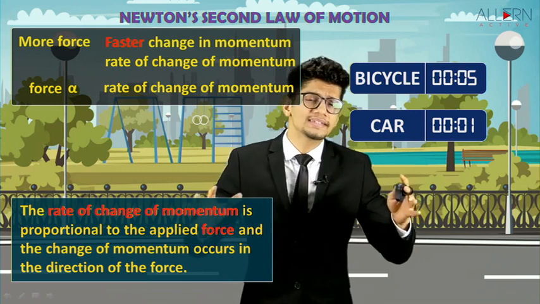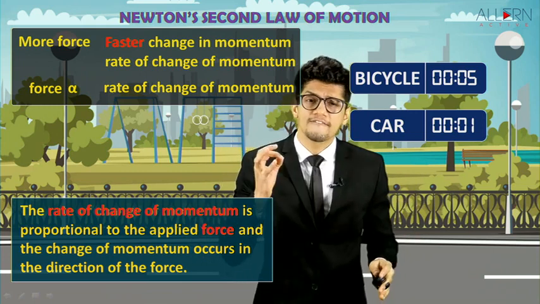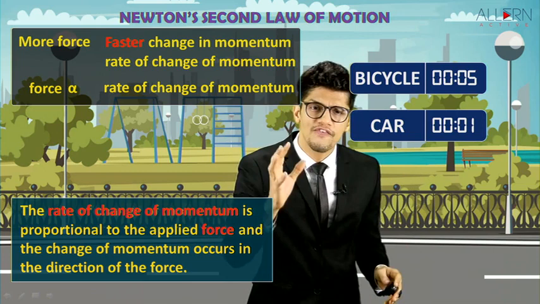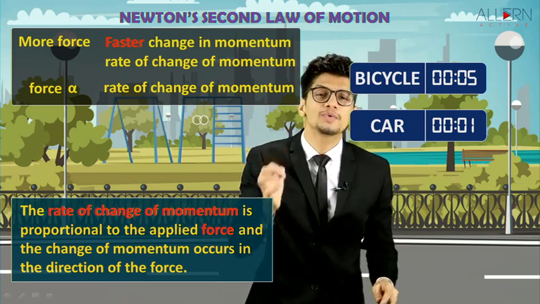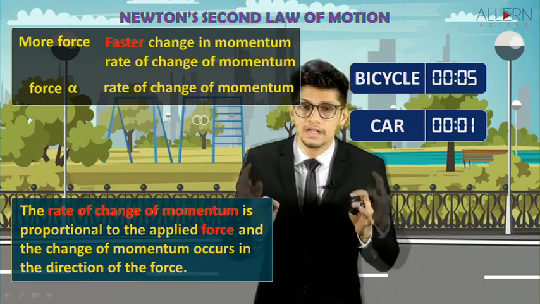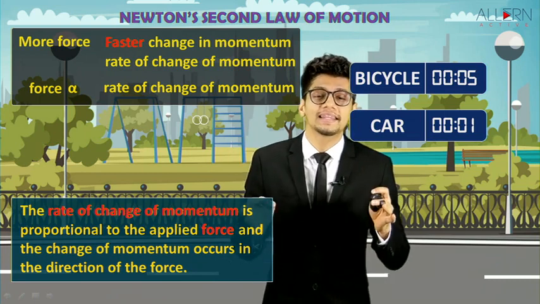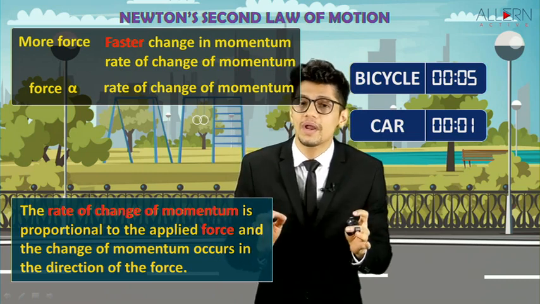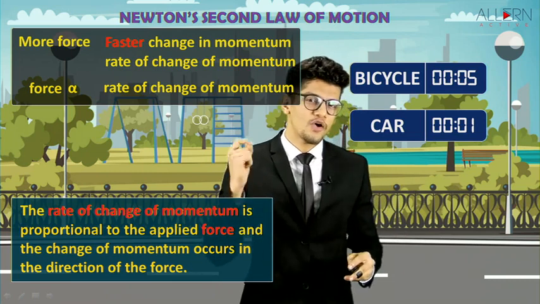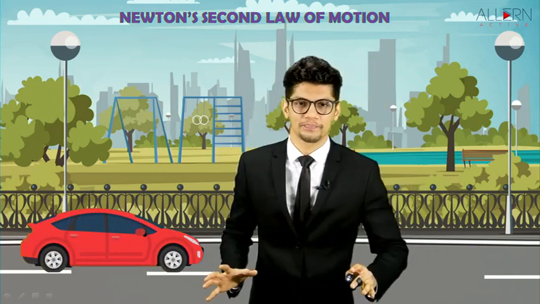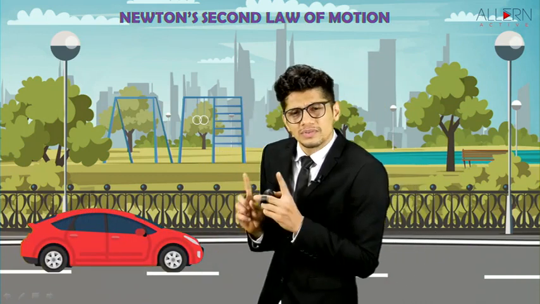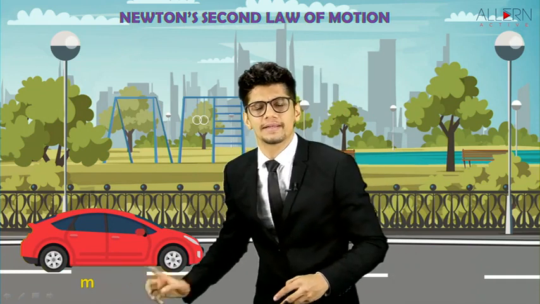Now, from Newton's second law of motion, we can derive the formula for force, which is also called the equation for Newton's second law. Let us see how to derive the equation for Newton's second law of motion. So here we have this car. This car will have a certain amount of mass, denoted by small letter m.